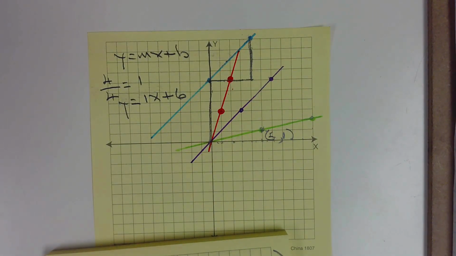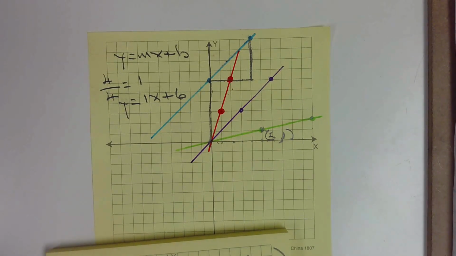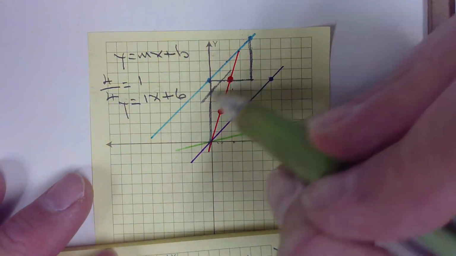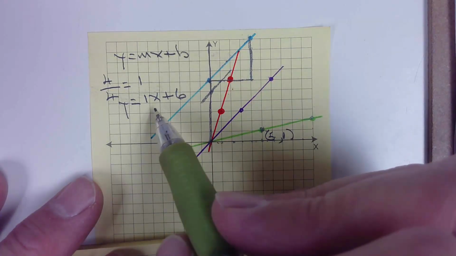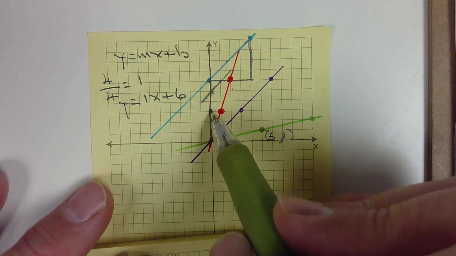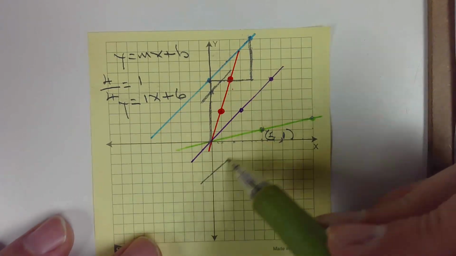Or you could just do y equals x plus 6 because there's always an assumed 1 in front of every variable. All right? If the line, let's say the blue line went through this point right here, it would be y equals x plus 5, or x plus 4, or x plus 3, or x plus 2. Okay? What if the line went through this right here?